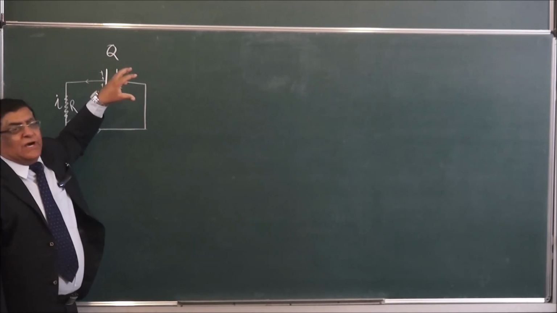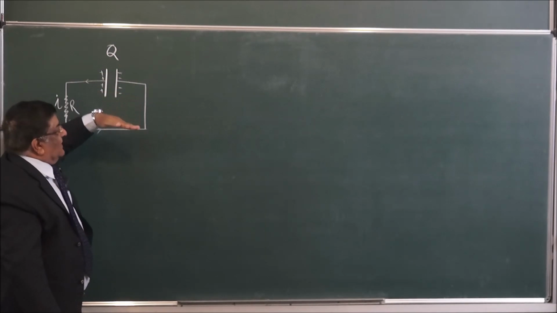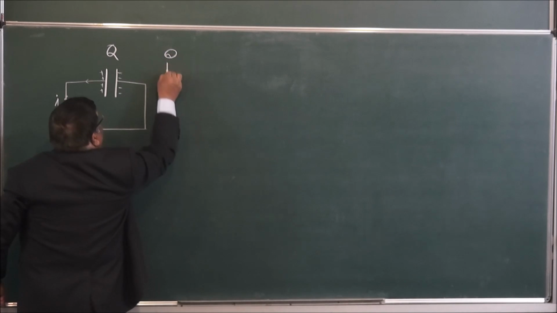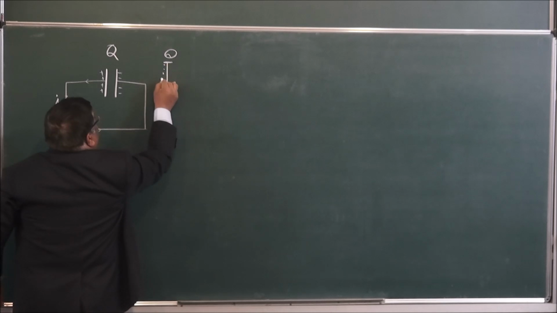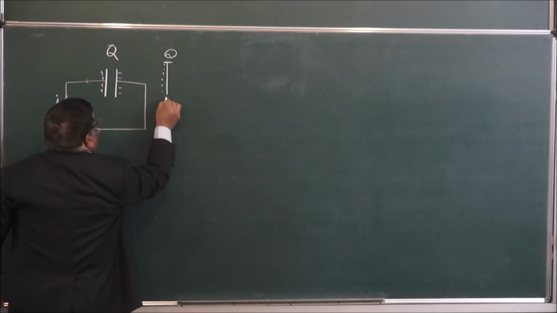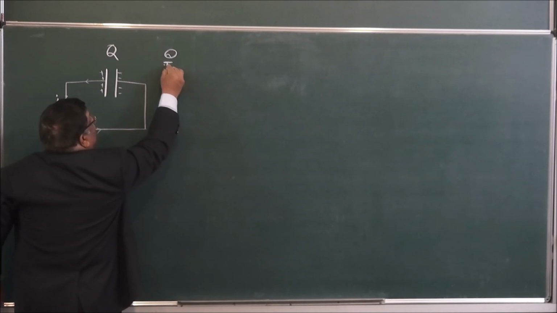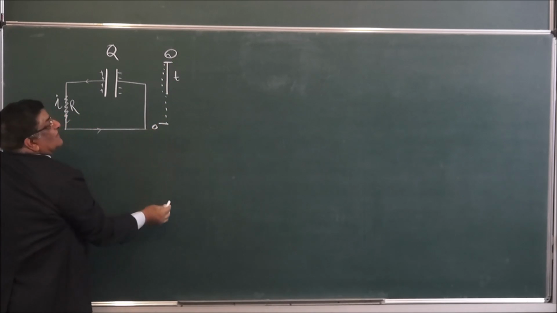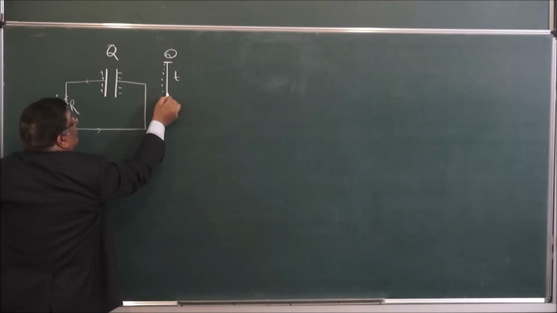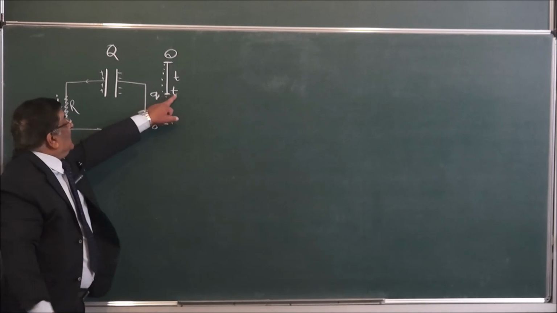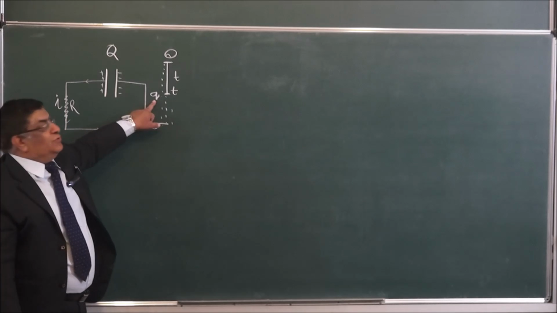This charge Q goes on decreasing. Okay, Q goes on decreasing and it has to go to the level 0. Time t has passed after short circuit, and this charge, decreasing, has become q at time t. After a while q will become 0. Okay, at time t this charge has become q.